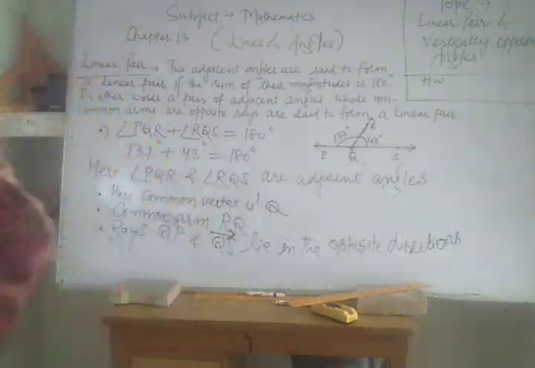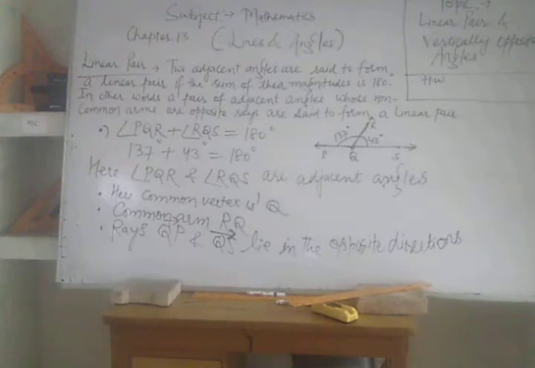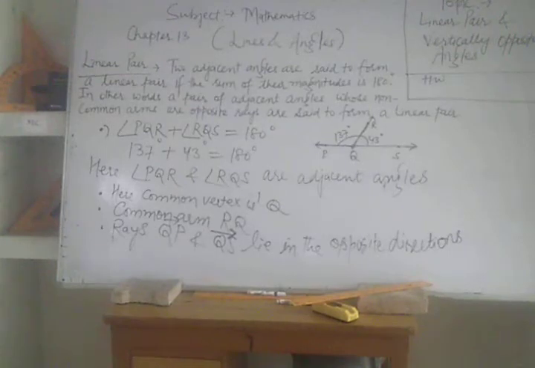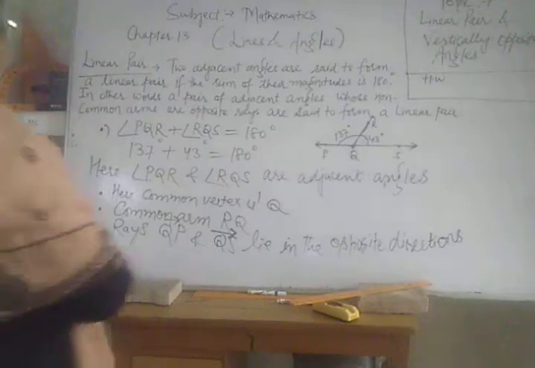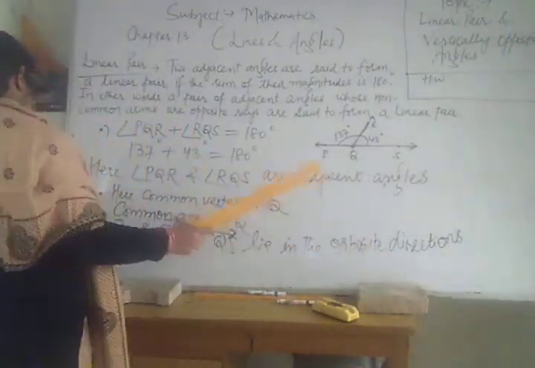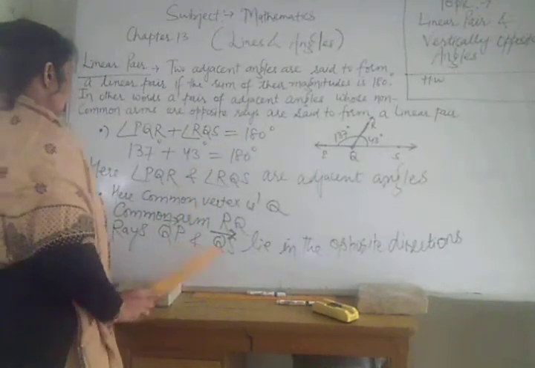Angle PQR and angle RQS are adjacent angles, arms PQ and SQ lie opposite to each other, and the sum of both angles PQR and RQS is 180 degrees.